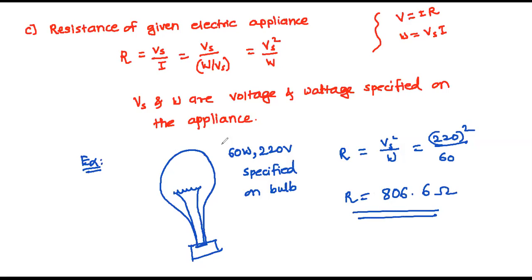Understand? So there will be specified values like this, and from these, if you want to find the resistance of that particular electrical appliance, you can use this formula. Understood? Okay, good. Note down this.